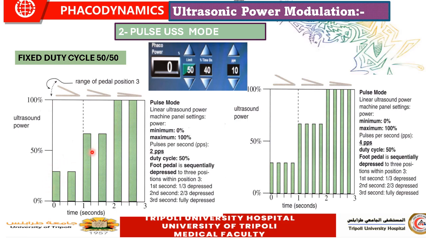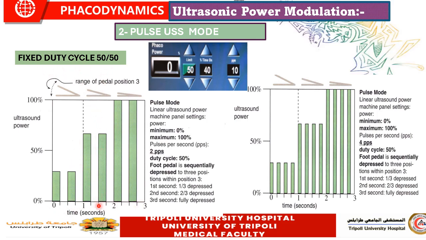So for the pulse mode, we need 3 parameters to describe. We need to describe the amount of energy. We fix it by percentage, for example, 50 or 60%. We need to determine the number of pulses per second, and we need to determine the duty cycle, which in the traditional ultrasound pulse is commonly kept at 50-50.